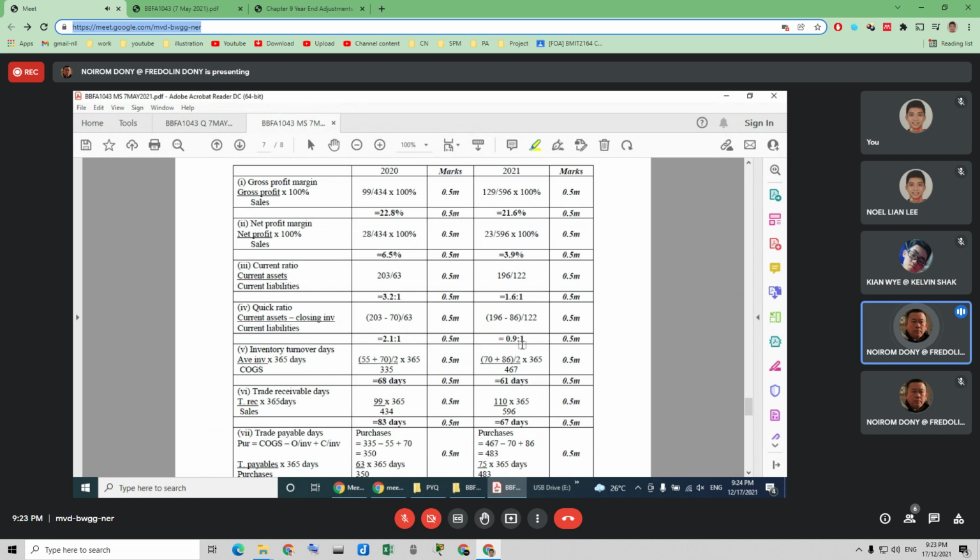But during the current year, it dropped to 0.9 to 1. So you have to state first that there is a drop in the quick ratio.